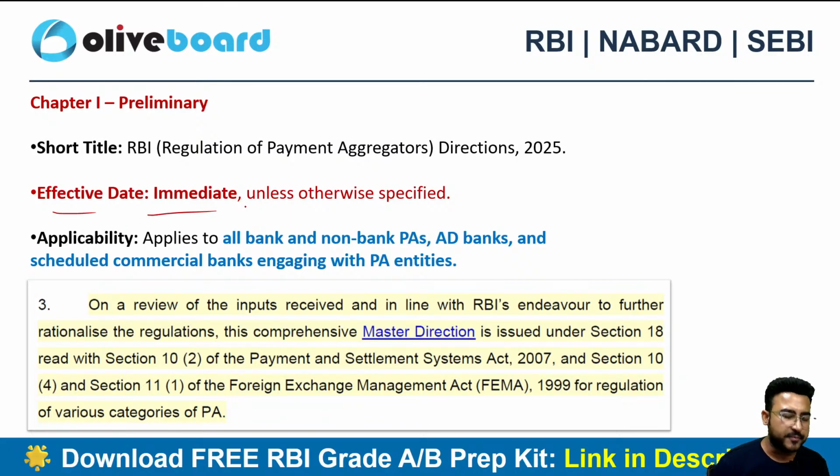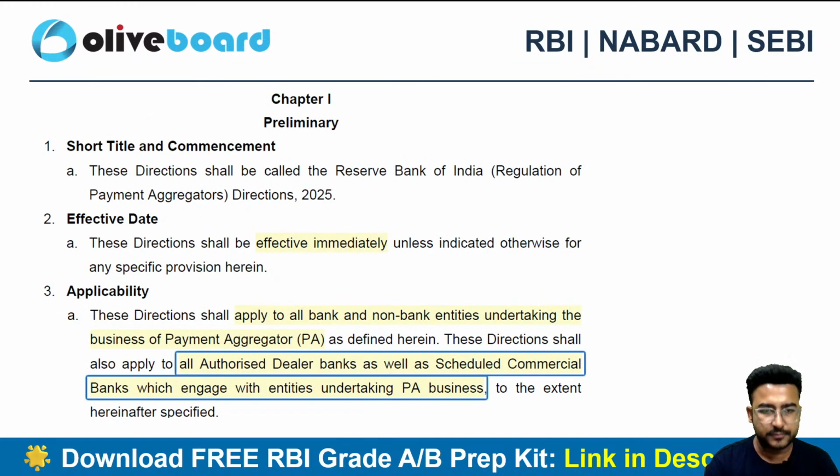It is applicable with immediate effect to all the banks, all the non-banks doing payment aggregator business, authorized dealer banks and scheduled commercial banks engaging with payment aggregators. These entities need to comply with this particular direction, right?